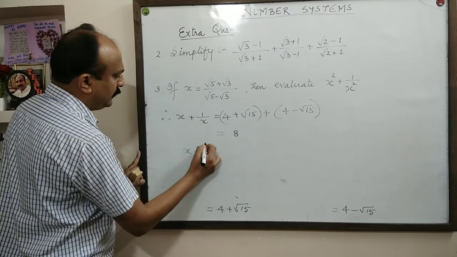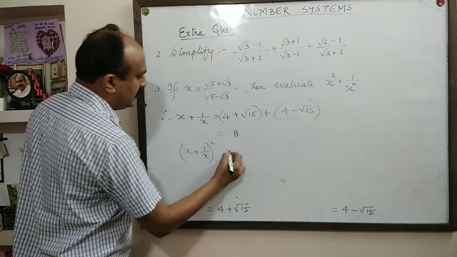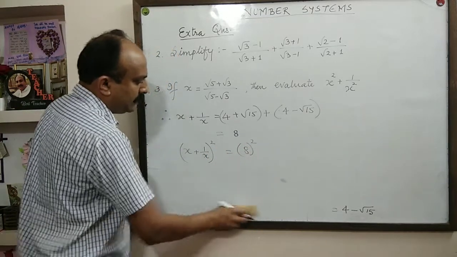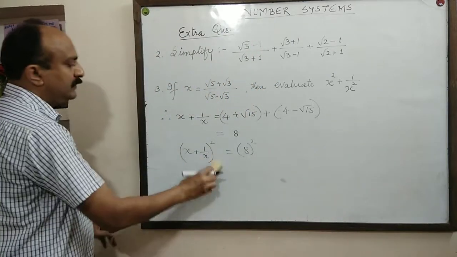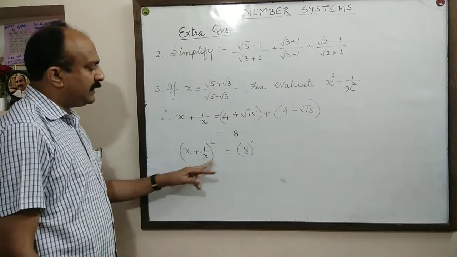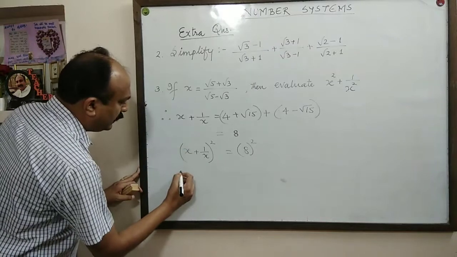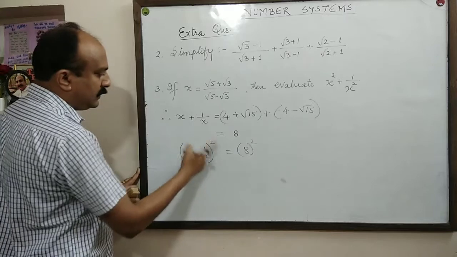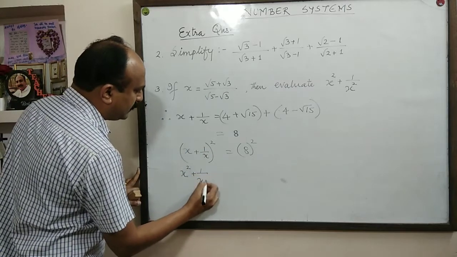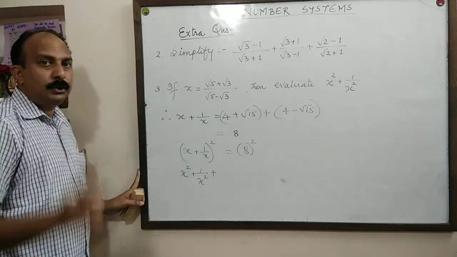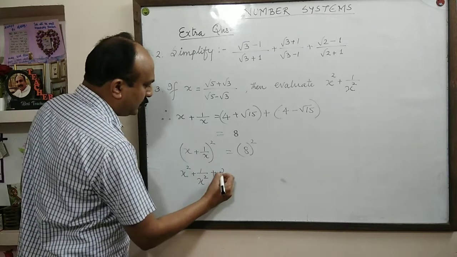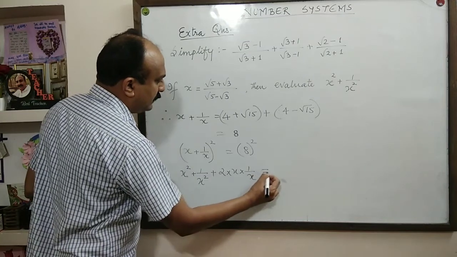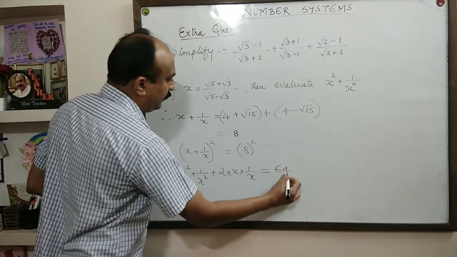X plus 1 upon x, the whole square is equal to 8 square. Now, what is x plus 1 upon x the whole square? It is a plus b the whole square. A square, that is x square, plus b square, 1 upon x square, plus 2 into a into b, 2 into x into 1 upon x, is equal to 8 square, 64.